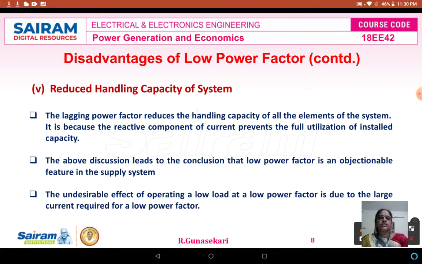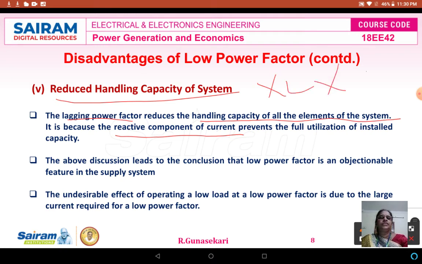The last disadvantage is reduced handling capacity of the system. The lagging power factor reduces the handling capacity of all the elements of the power system, because of the reactive component of the current; lagging power factor means reactance. Two reactances are there, inductive reactance and capacitive reactance.